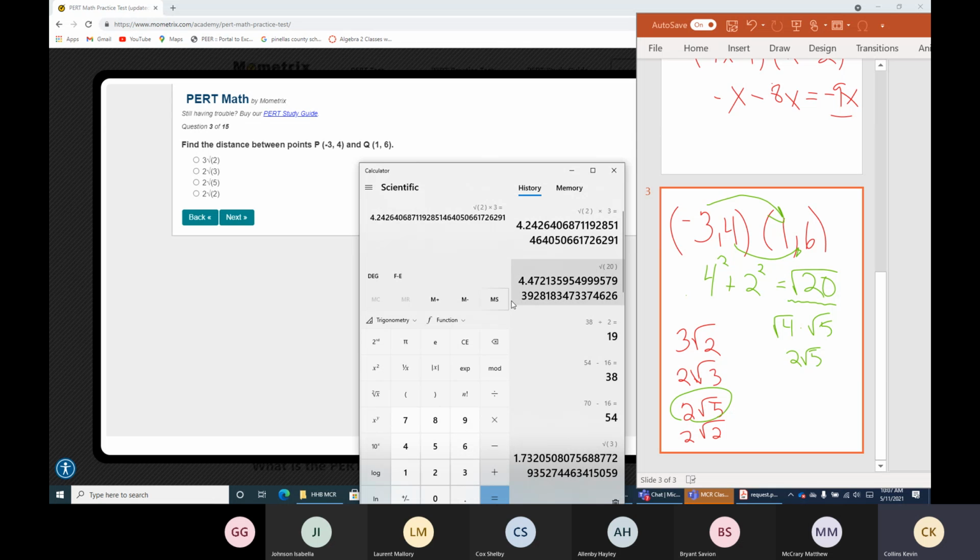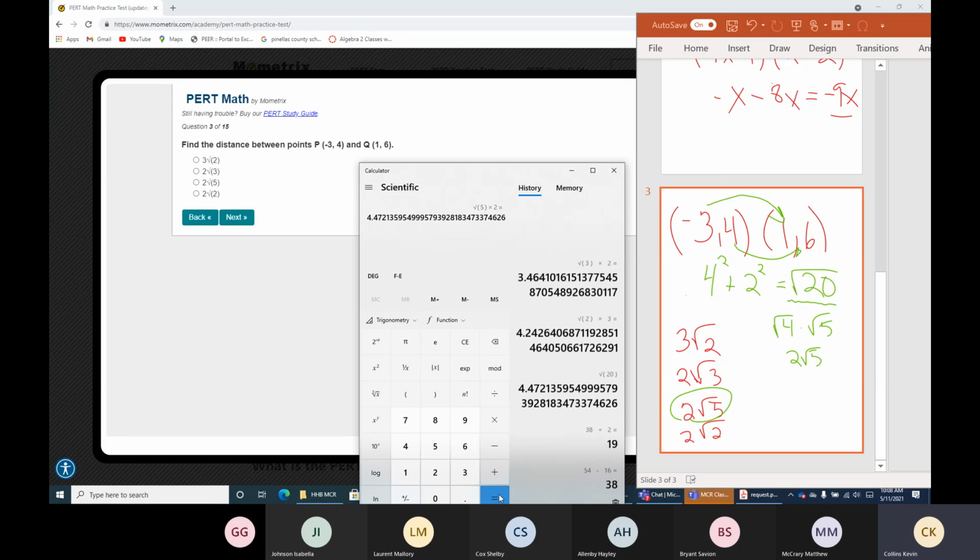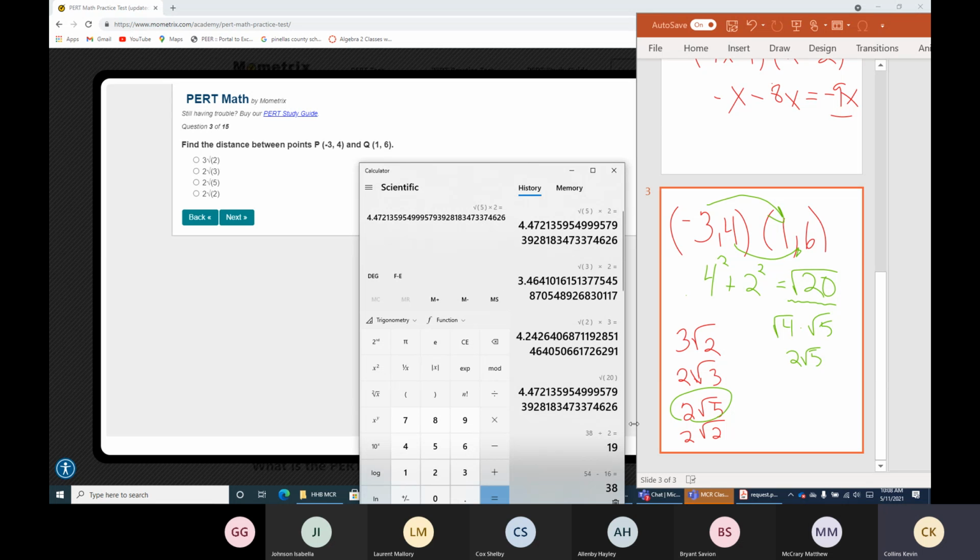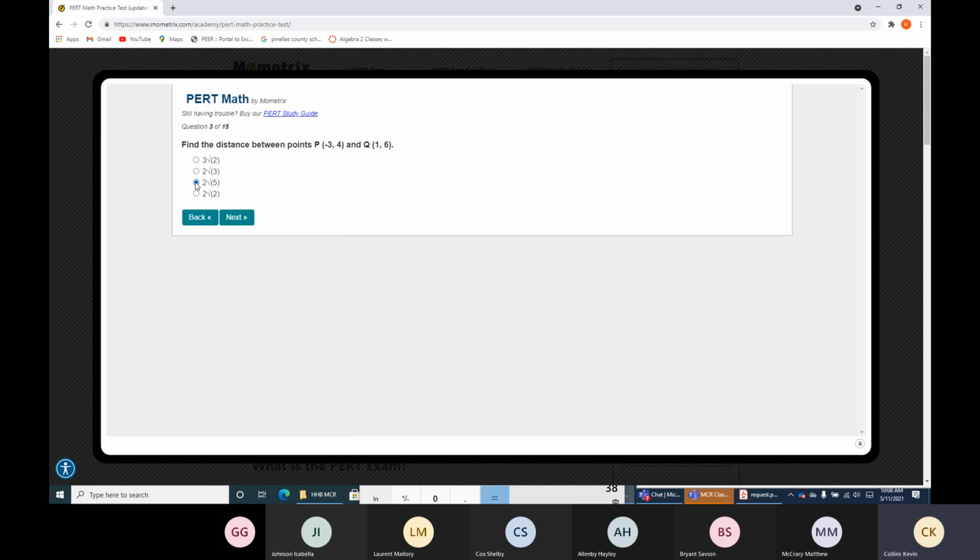We need 4.47. So that's not our guy. So next one we do 3 square rooted times 2. That's 3.46. That's no good either. So we go to the next one, we say 5 square rooted, and then times 2. So you just plug this stuff in your calculator. 4.47, that's our boy. So that's another way to figure that out if you don't remember how to convert. Okay. So let's say 2 square root of 5, and move on.